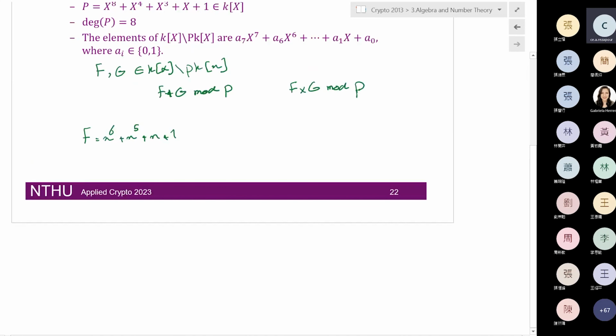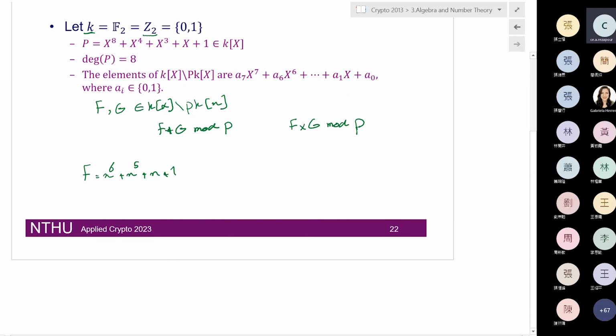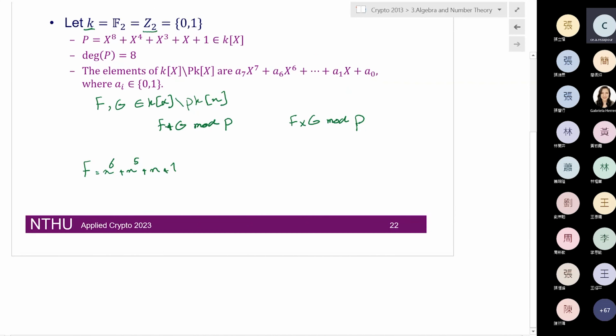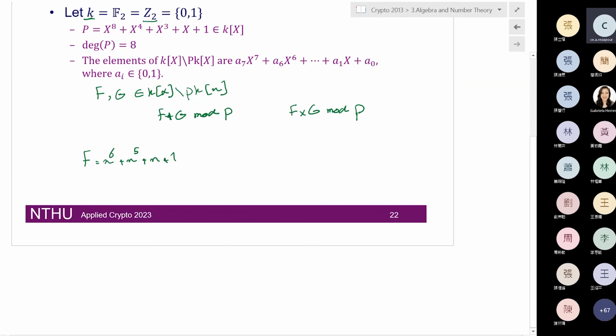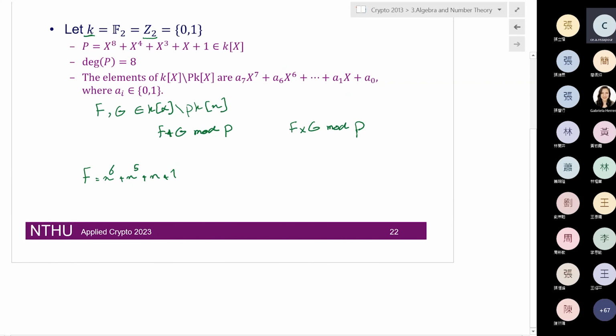Is this f an element of this group? Let's check. For an element of this group, the coefficients should be in Z2. That means the coefficients are either 0 or 1. Yes, they are. And the maximum degree that they can have is 7. This is 6, so this polynomial is indeed in this group.